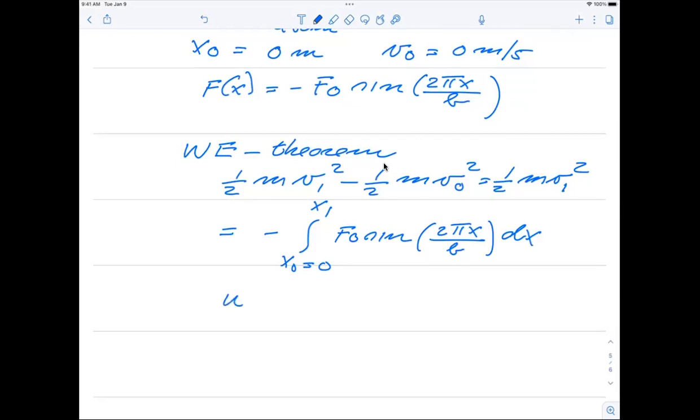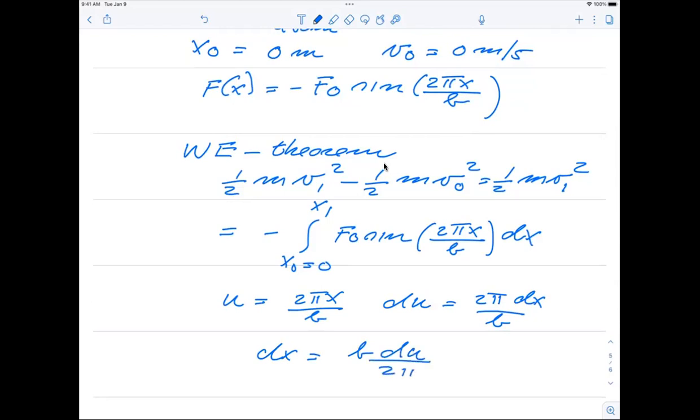Now we can make a change of variables: u equals 2 pi x divided by b, so du becomes simply 2 pi times dx / b, which means in turn that dx is equal to b times du divided by 2 pi.